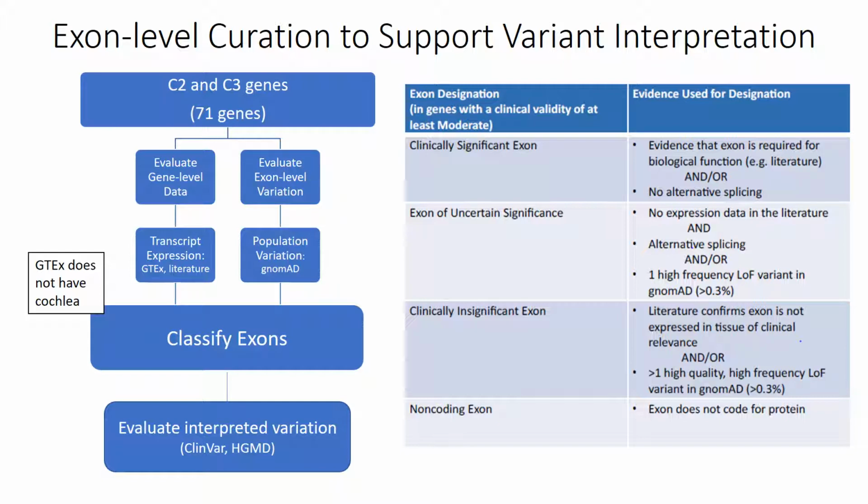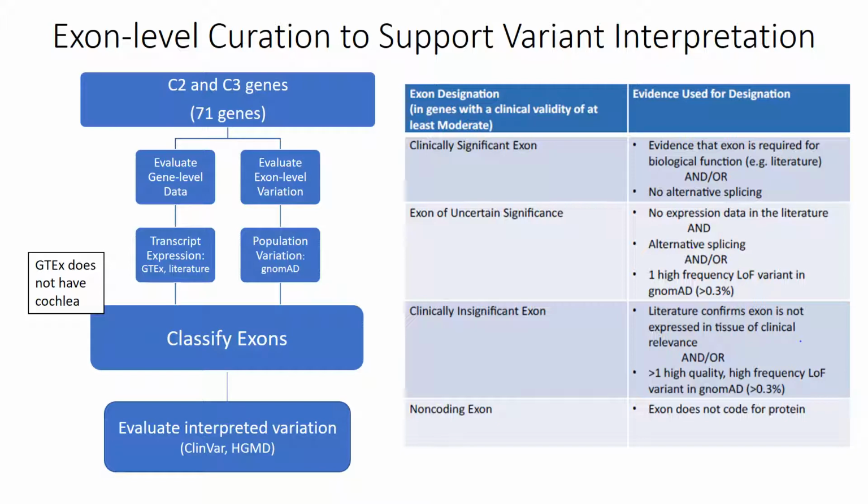We defined greater than or equal to 0.3% as high frequency because it is our likely benign cutoff for hearing loss variant curation. A clinically insignificant exon was confirmed as insignificant in the literature and/or had multiple high-frequency loss-of-function variants in gnomAD. Non-coding exons are self-explanatory.